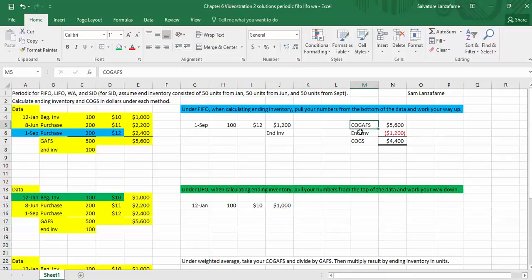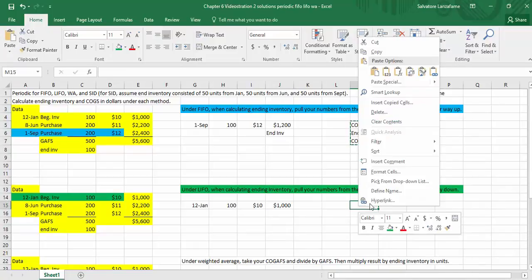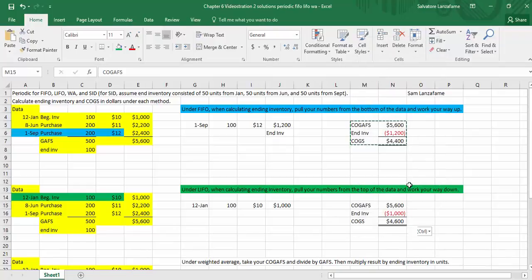So let me just copy some of this information here so that I don't have to repeat it, and then we'll change the numbers around. Okay, in fact, it already did it for me. So cost of goods available for sale, 5,600. I subtract out my ending inventory of 1,000, and notice that now my cost of goods sold, as predicted, is larger than what we saw under FIFO.